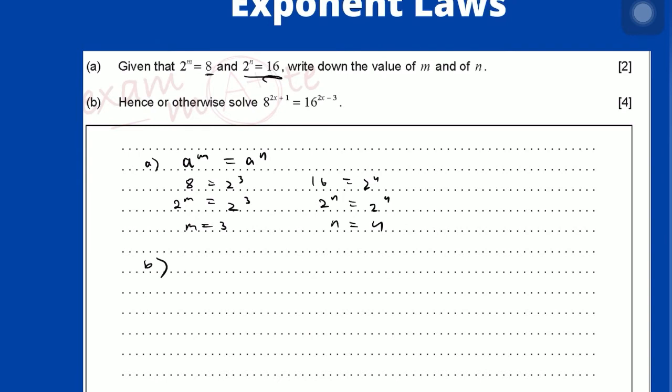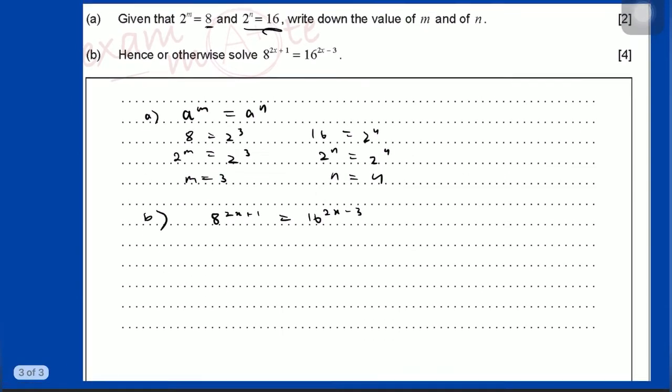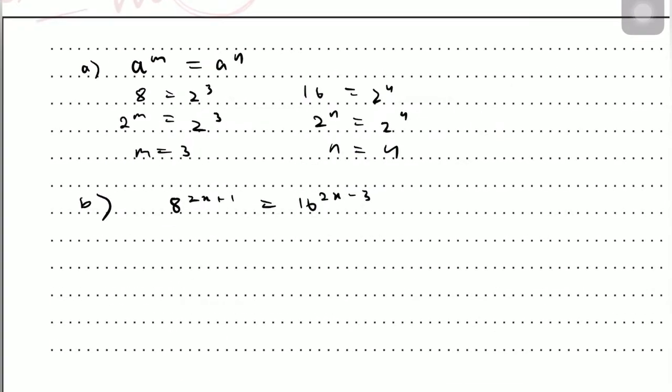We'll have to solve the equation 8 to the power of 2x plus 1 is equal to 16 to the power of x minus 3. In this equation, we can notice that both 8 and 16 can be written as powers of 2.